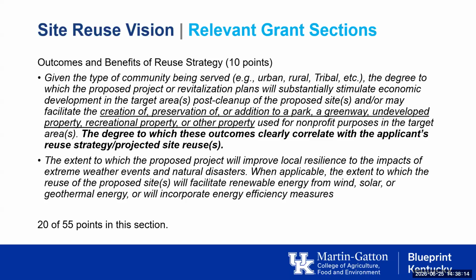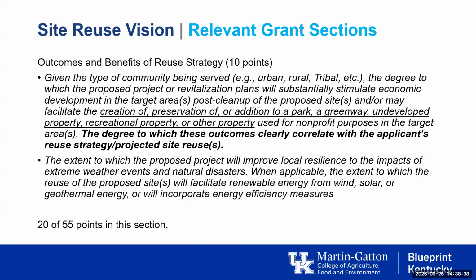The outcome and benefits of reuse strategy. This is also in that same section, is 10 points, and you'll see it again here. The degree to which these outcomes clearly correlate the applicant's reuse strategy and projected site reuses. So here we go again, with a lot of language harkening back to things we've talked about already.